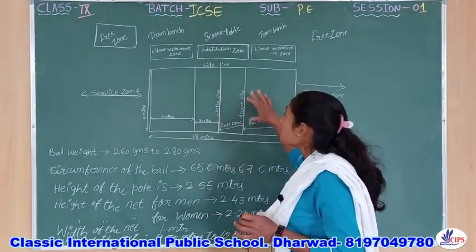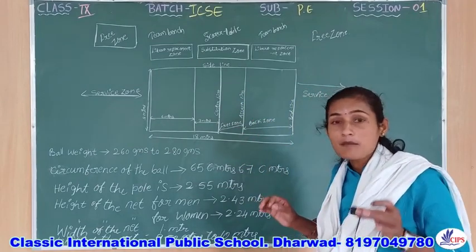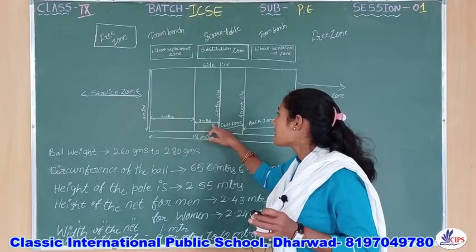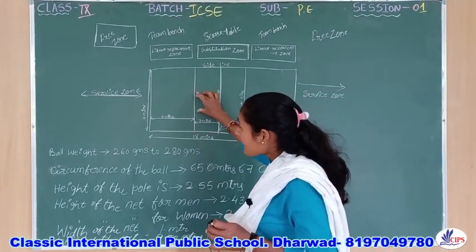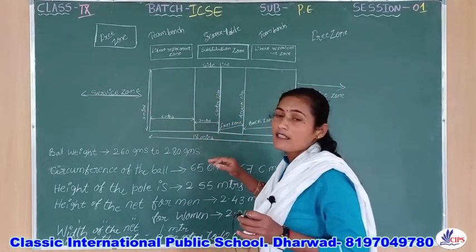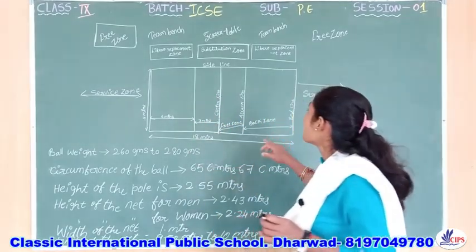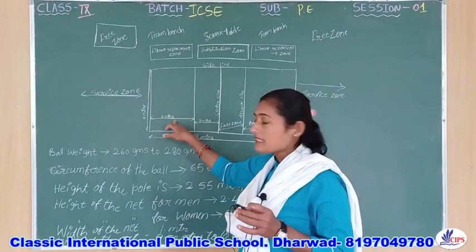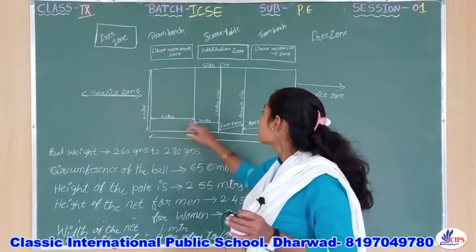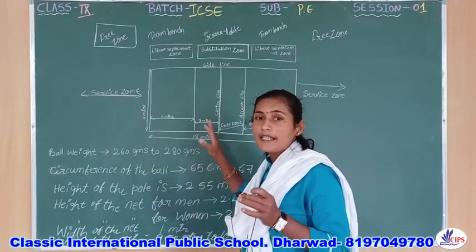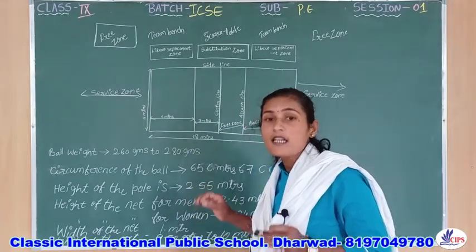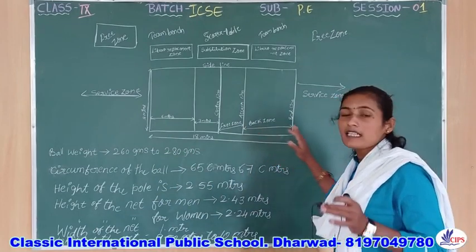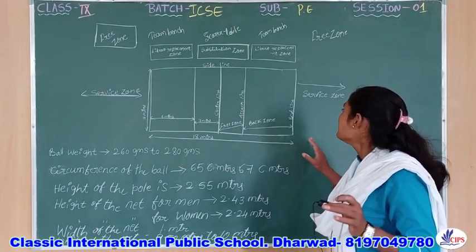Then from the attack line to the end line, it is 6 meters. Is it clear for you? Both sides will be equal.